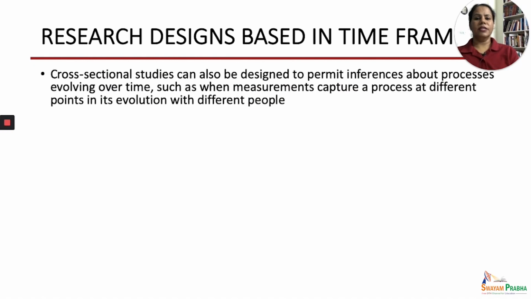So cross-sectional studies can also be designed to permit inferences about processes evolving over time. Even though we are collecting the data at one point in time, we can still get inferences about processes evolving over time, such as when measurements capture a process at different points in its evolution with different people.